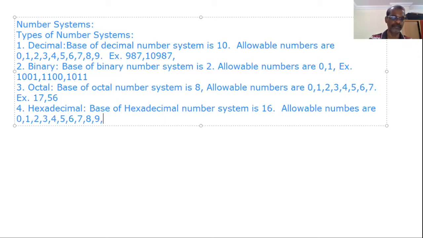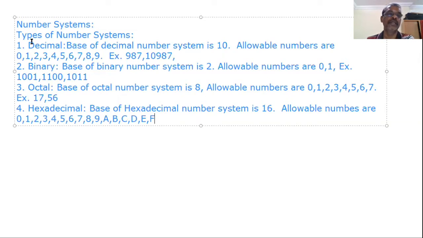Afterwards A starts, then B, C, D, E, F. So 0 to 9 is similar to the decimal number system. After 9, A refers to 10, B refers to 11, then 12, 13, 14, 15. Here 16 different symbols are used in the hexadecimal number system. That is why the base of the hexadecimal number system is 16.